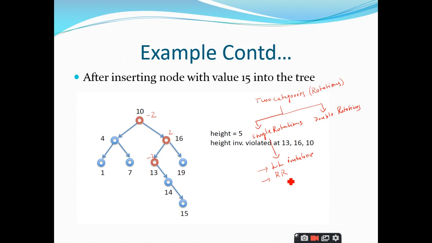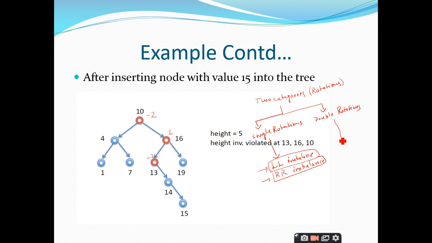What about this RR imbalance? These are called right of right imbalance. So if we have this LL imbalance, we have to perform a rotation. If we have this RR imbalance, we have to perform a type of rotation. What type of rotations we are going to do, we will discuss in the next class.